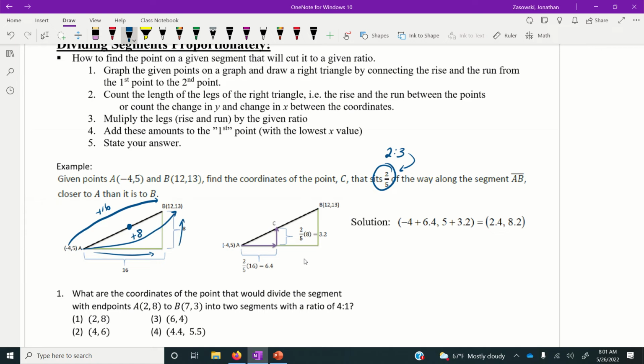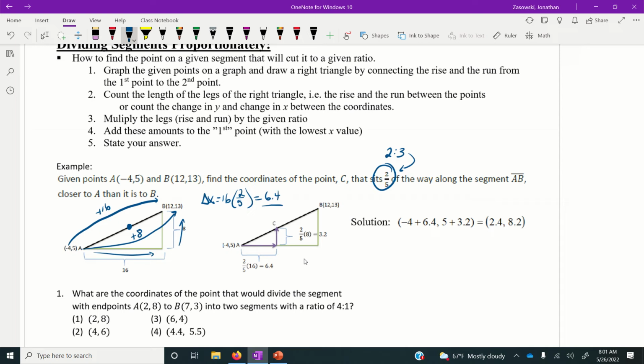And then all we did was we took our change in x, which we knew was 16, equals, and we multiplied it times 2/5, and that gave us our actual change, how far we actually want to go over, so that we're going over 2/5 of this distance. And this would essentially be 32/5, which would be 6.4.